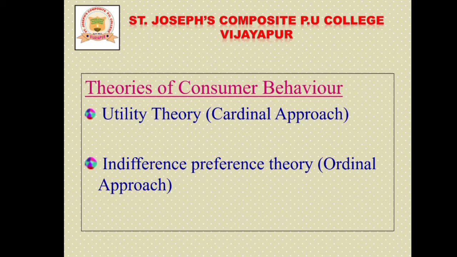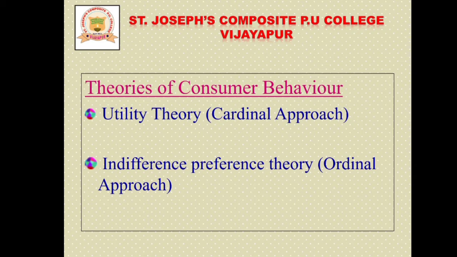Utility is nothing but the want satisfying power of a commodity. Utility is measured with the help of utils, the number of utils. How do we say want satisfying power?